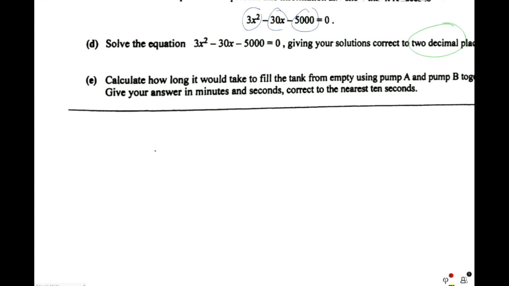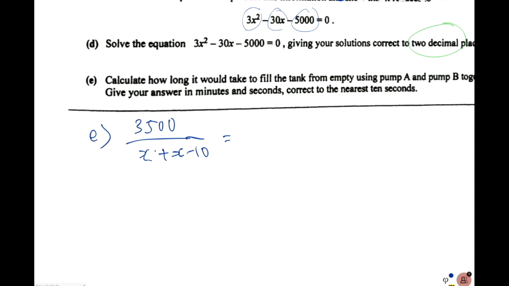Now what we do is the time taken is actually 3500 divided by x plus x minus 10, because x plus x minus 10 is the time taken for both. So we will evaluate this.